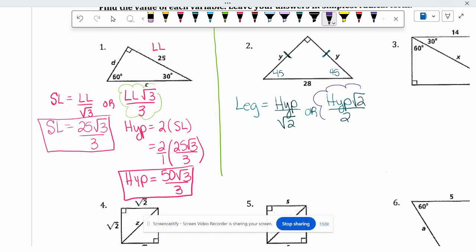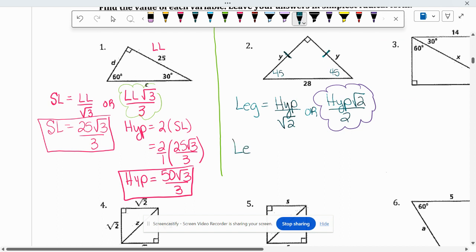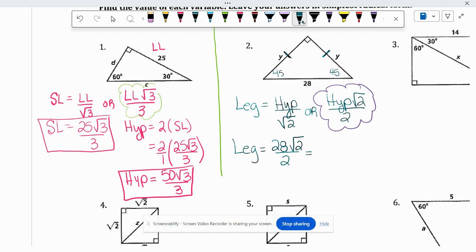The second one again, because my hypotenuse doesn't have a radical in it, right? So my leg equals my hypotenuse, which is 28, times the square root of 2 over 2. But what is 28 divided by 2? So 14 square root 2.